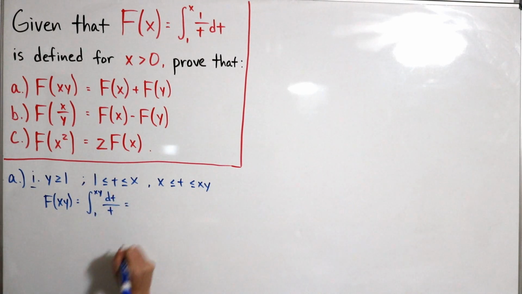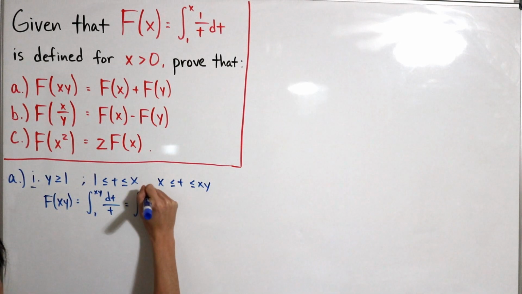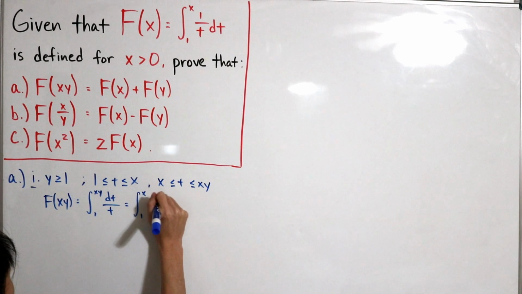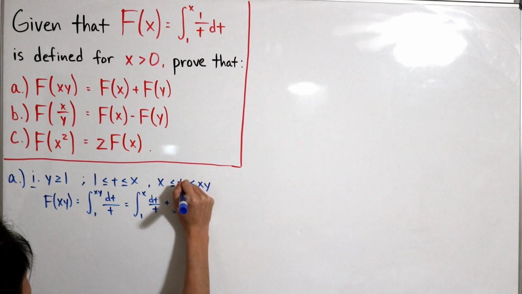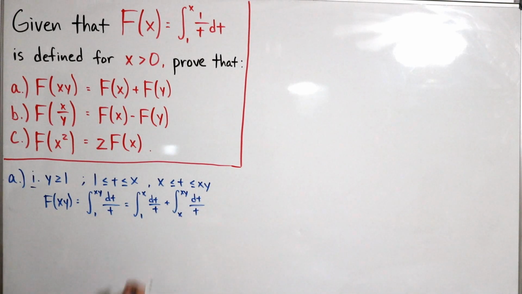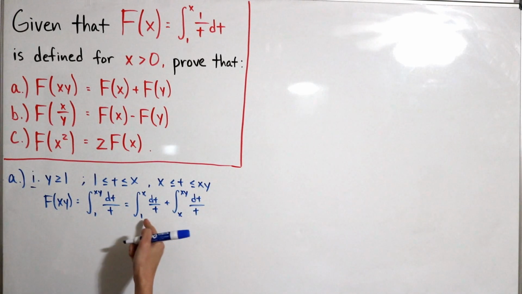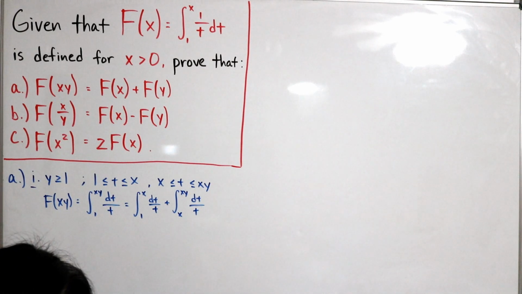Then we can use the properties of symmetry to separate this into the integral from 1 to x of dt over t, and then add the integral from x to xy of dt over t. We know that specifically this first one is just capital F of x, so that's fine.